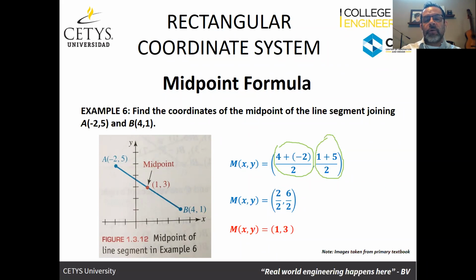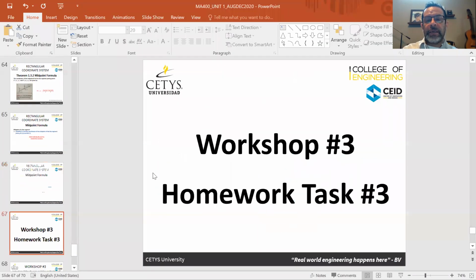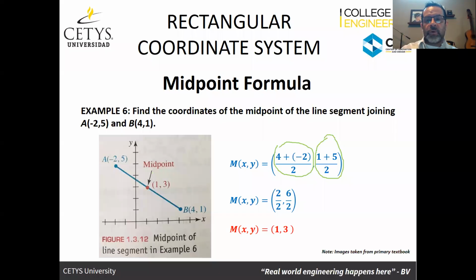That gives us the coordinate (1, 3), which is the midpoint. It's the same representation that we had previously, but now in 2 dimensions. So this concludes this last section of Unit 1, which has to do with these expressions to represent values in the XY plane, and also the relationships of distance between 2 points and midpoint, both in 1 dimension and 2 dimensions.